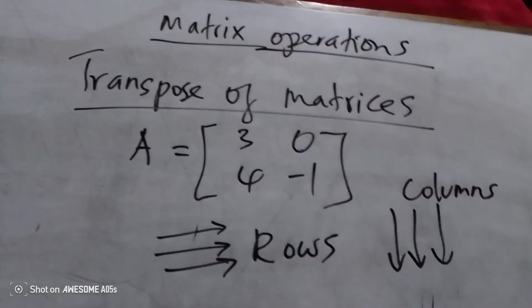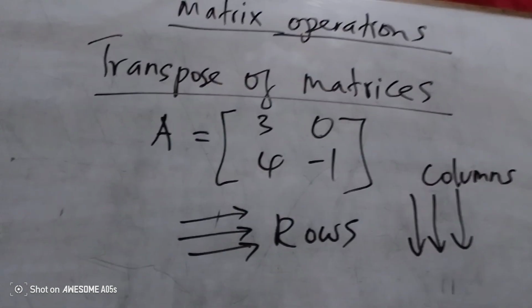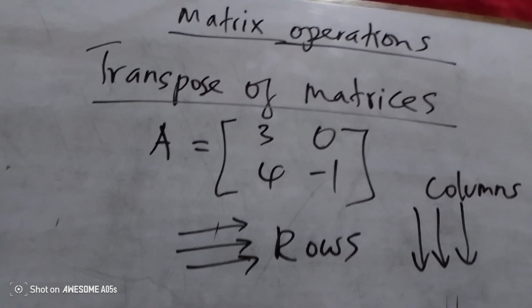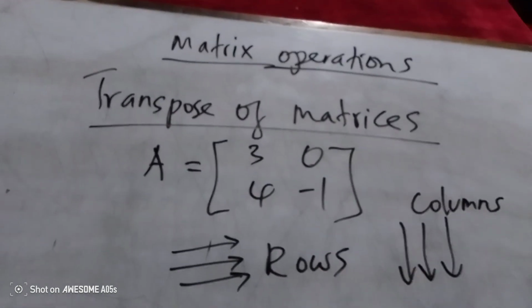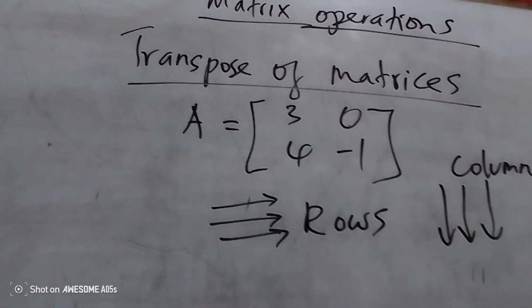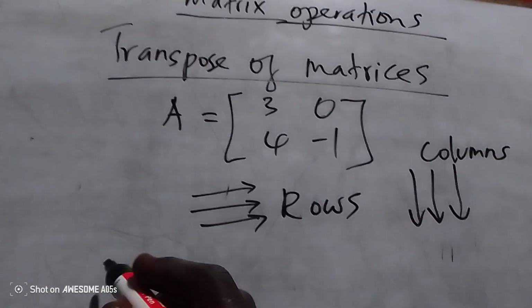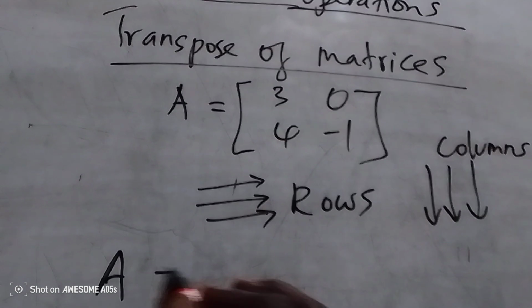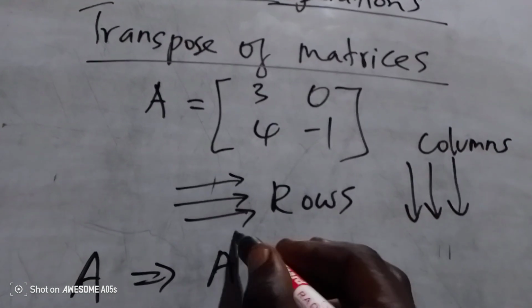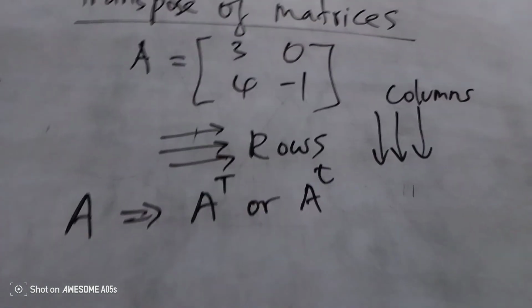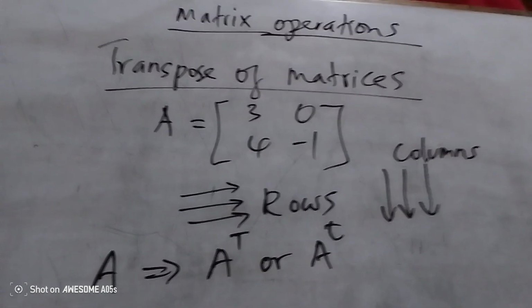So to transpose a matrix is simply to write the rows as columns and columns as rows. So if a matrix A is transposed, it will be represented by A capital T or A T. So that is the transpose of a matrix.